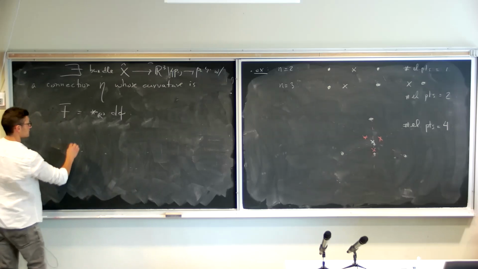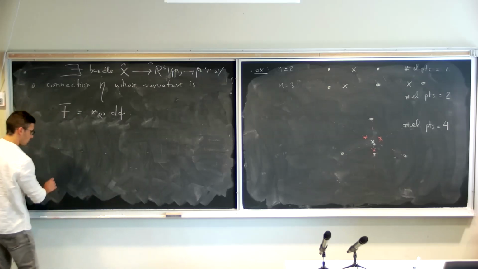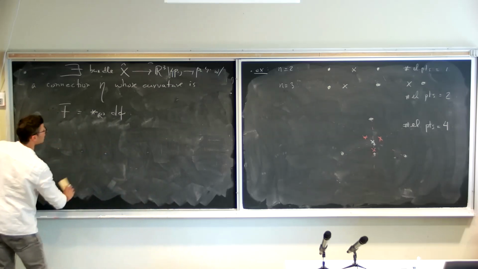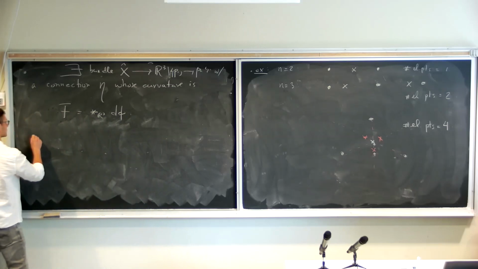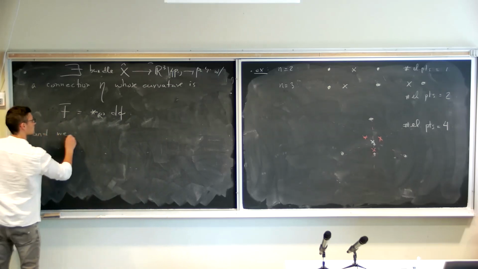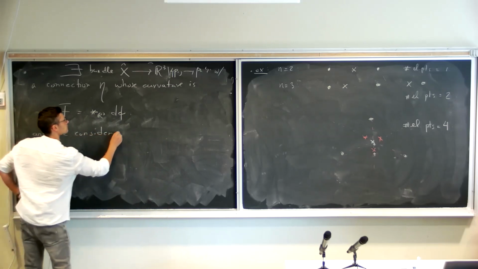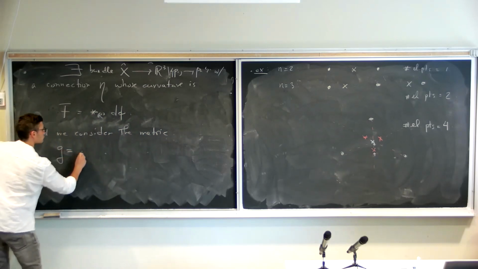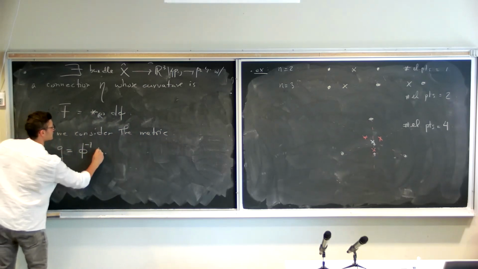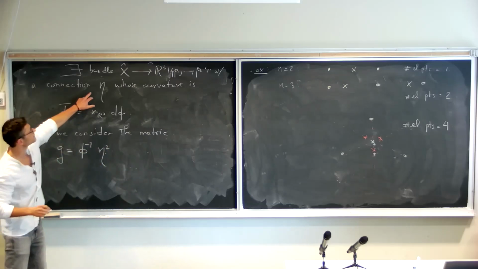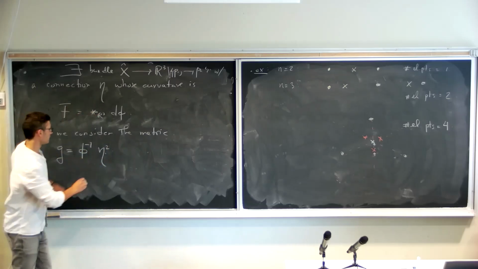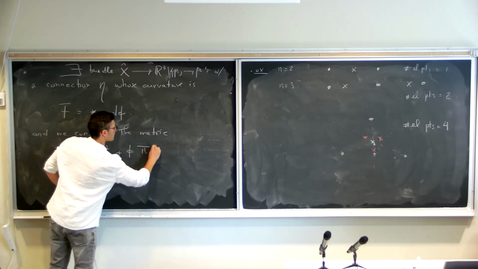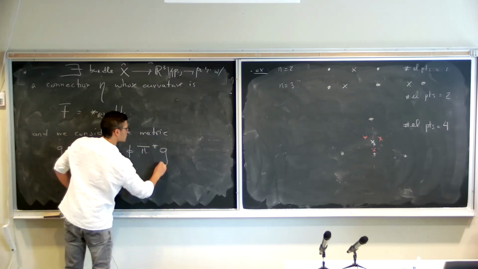So we have this thing over R3 minus these points. Okay, and I'm going to write a metric there. g is going to be phi to the minus 1 times eta squared, remember, eta is this connection 1-form on the total space, plus phi times the pullback from R3 of the Euclidean metric in R3.